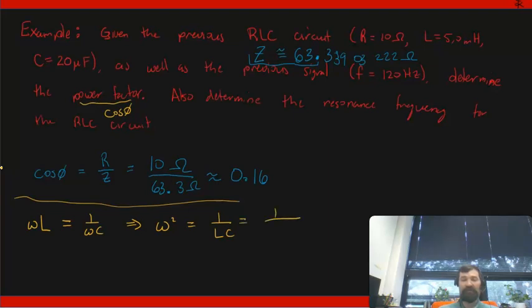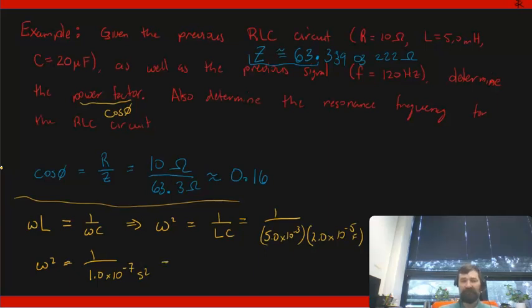So that is 1 over 5.0 millihenry, so 5.0 times 10 to the minus 3, times 20 microfarad, so 2.0 times 10 to the minus 5 farad. And so that gives me omega squared is 1 over 1.0 times 10 to the minus 7 seconds squared.